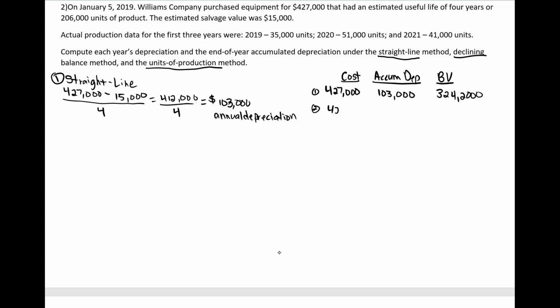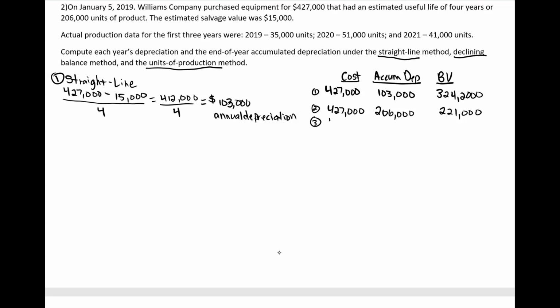In year 2, cost doesn't change, it stays the same. And we're going to depreciate it another $103,000, which means what's sitting in accumulated depreciation now is $206,000. Take the cost minus accumulated depreciation, and the book value is $221,000.